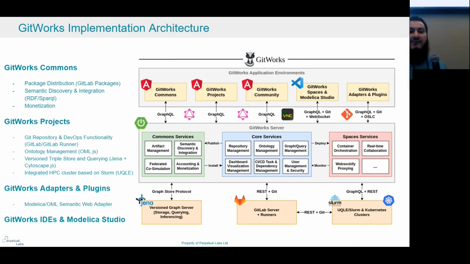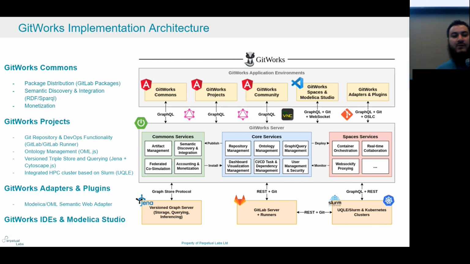And the data itself is generated by a variety of different adapters. For the GitWorks adapters, we currently developed a Modelica OML semantic web adapter that takes the Modelica model, extracts the information, and dumps it into the triple store that can then be queried to support things like the semantic discovery and integration.